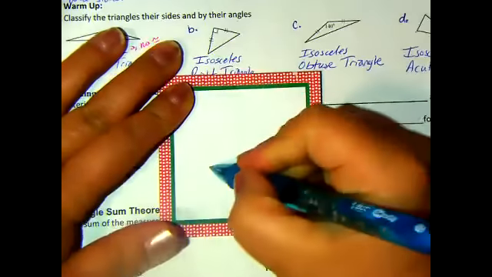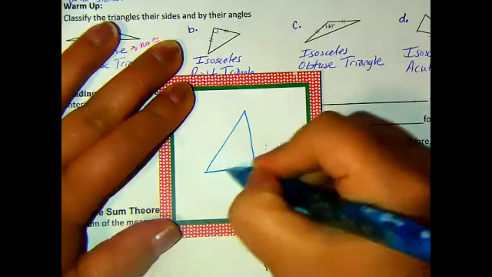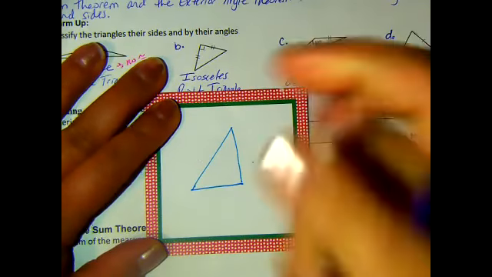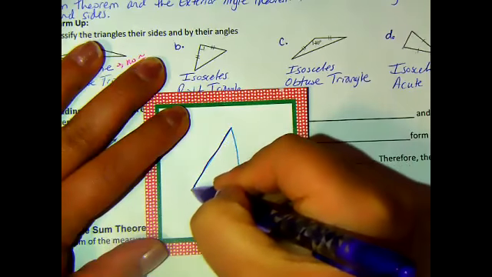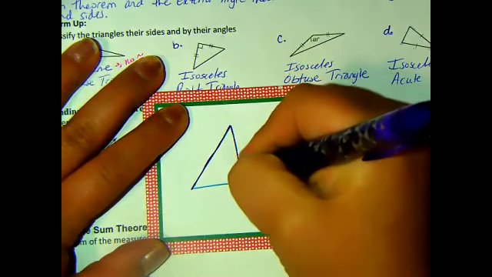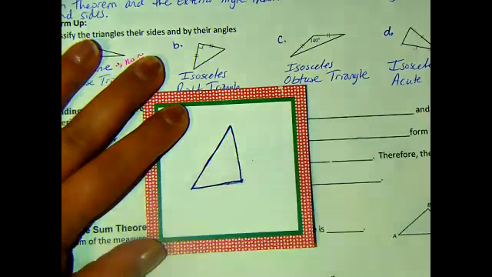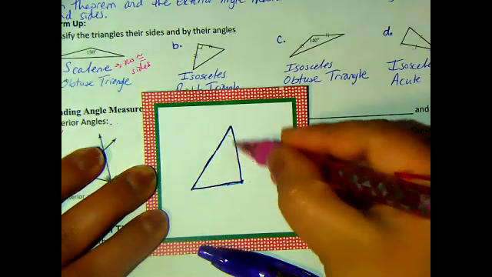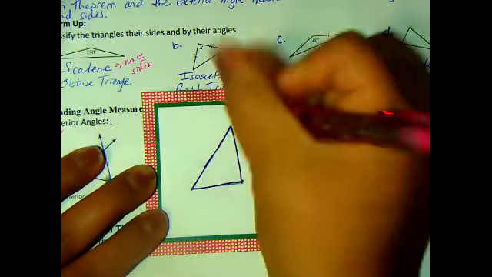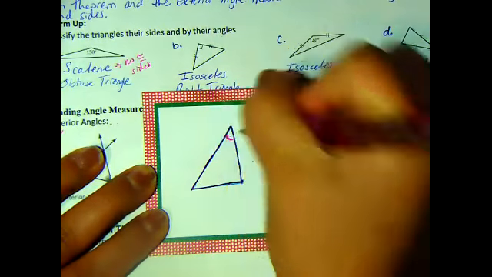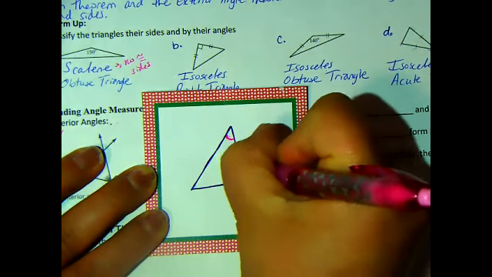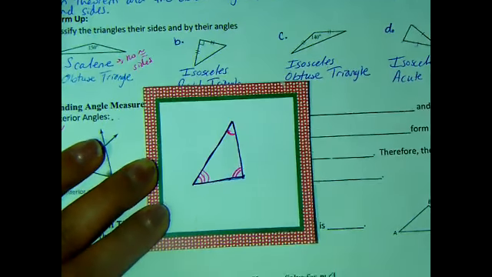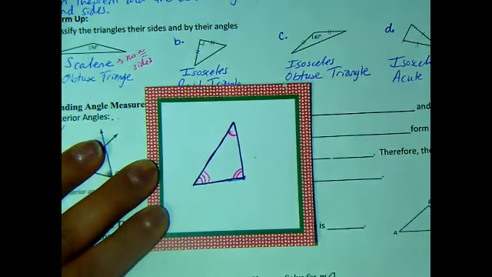If you take a triangle, any triangle really, I'm going to do this in purple so we can see it, okay? And our interior angles are the angles created by the three sides of the triangle. So this angle right here is interior, this angle right here is interior, and this angle right here is interior. These are my three interior angles, okay?